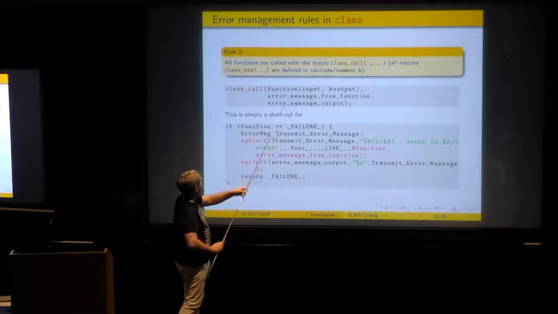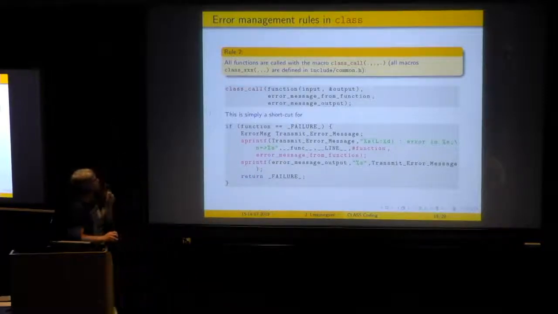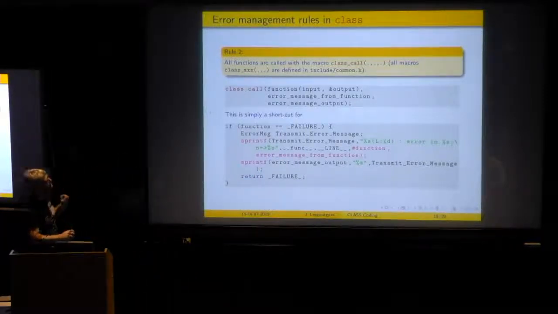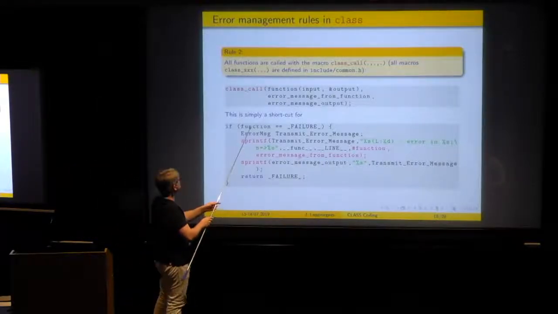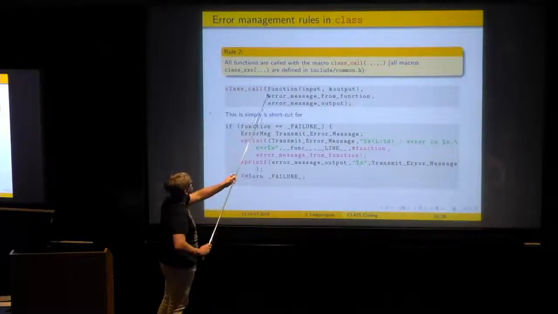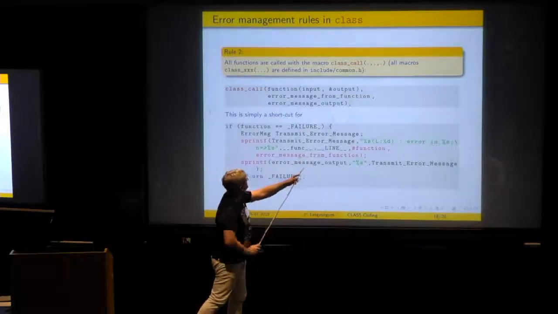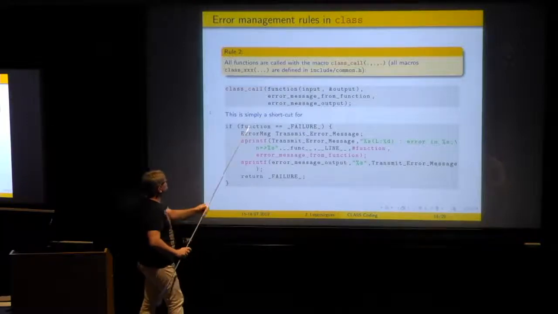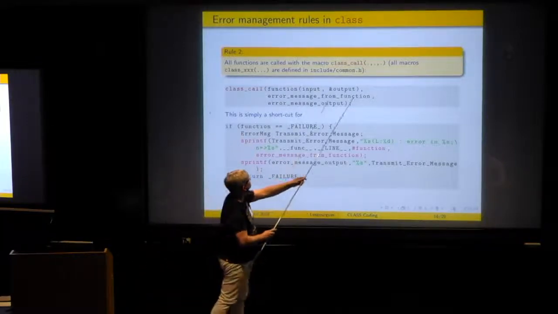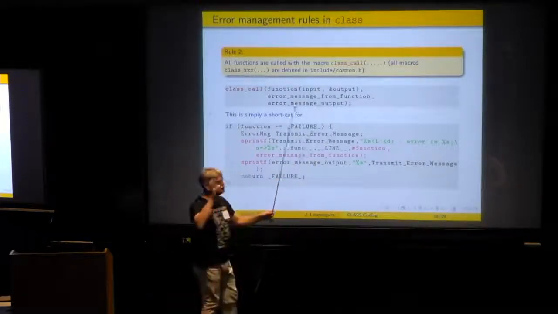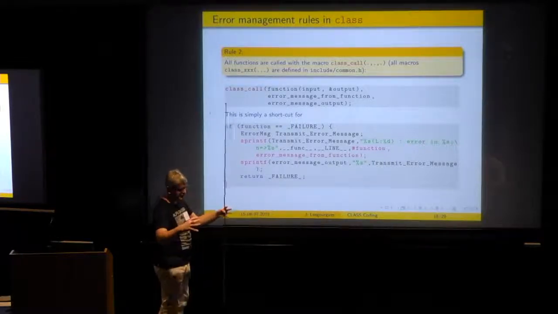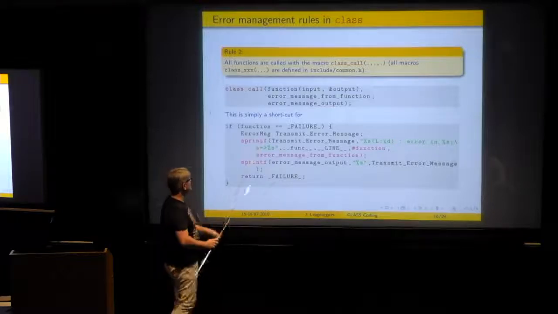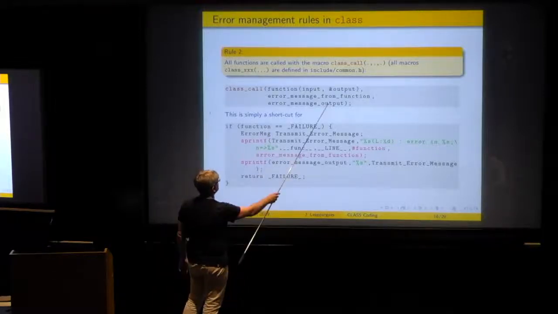And then, no, sorry, it's not this. What happens is that when the function here returns an error, the error message is written here. So the code will take this error message, add to it the automatic information, and transfer the sum of the two to the error message output.